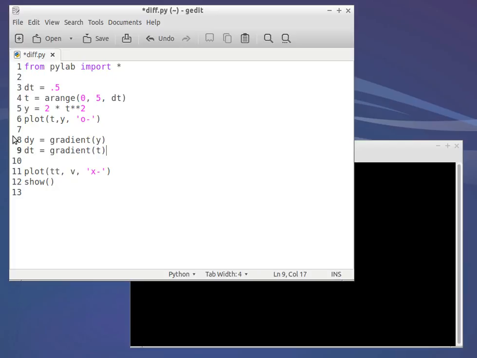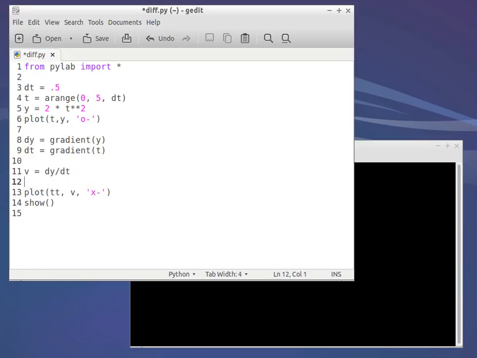In fact, it is not really needed because it's a constant gradient. We know dt is 0.5, but you can as well do it this way. And then what will be our v? V is equal to dy by dt.